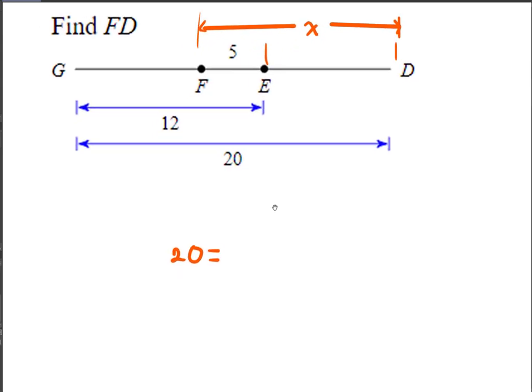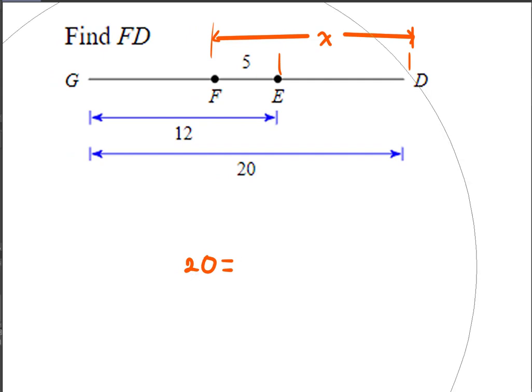Now, I started writing that 20, but really it didn't make that much sense in this particular application because, well, actually it does in a way, but let's start first with what we know. We want to find this amount right here, this ED, because in order to find X, I need to add this 5 to whatever this amount is.